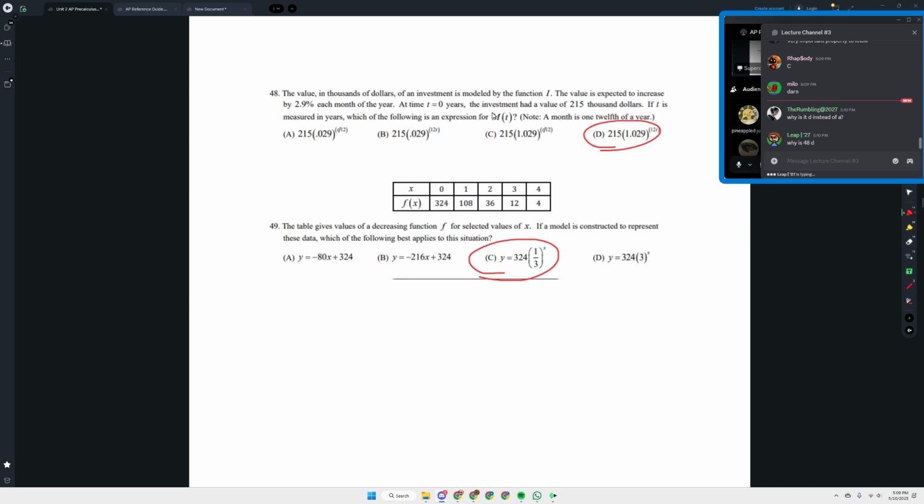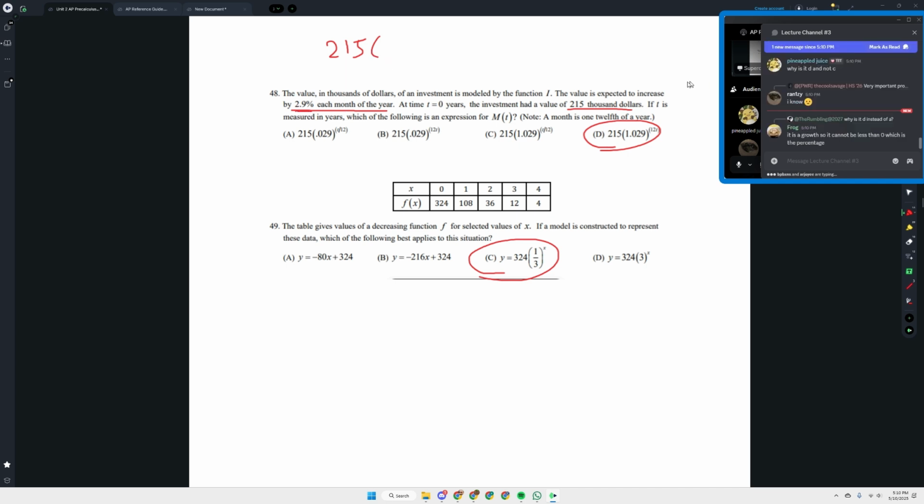Okay, so first we have to make our equation. It says expected to increase, and it also had an initial investment. That's our A0, so 215 times 1 plus the increase. That means we have to be positive, so 1.029. And it says expected to increase, so we're going to put our month value up here.